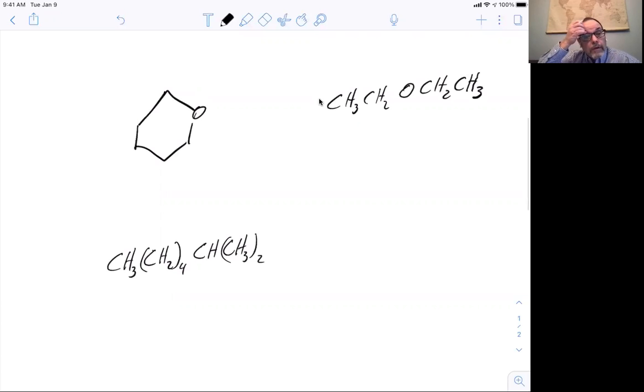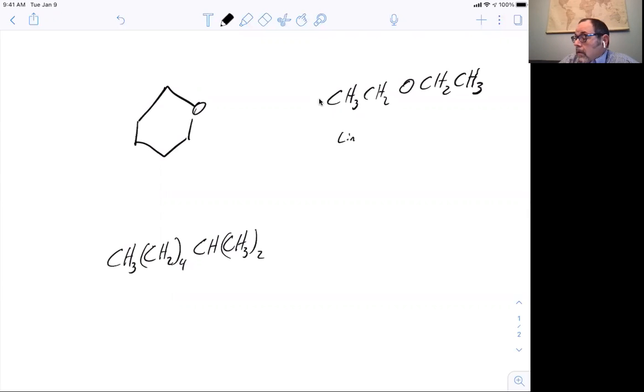So first, let's draw these. The first one, you just need to complete that for Lewis dot structure. The second one, let's draw that in line form. And let's draw this in line form.